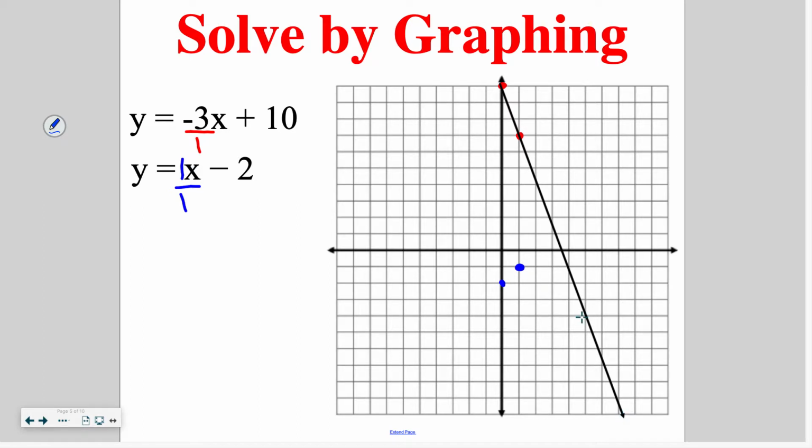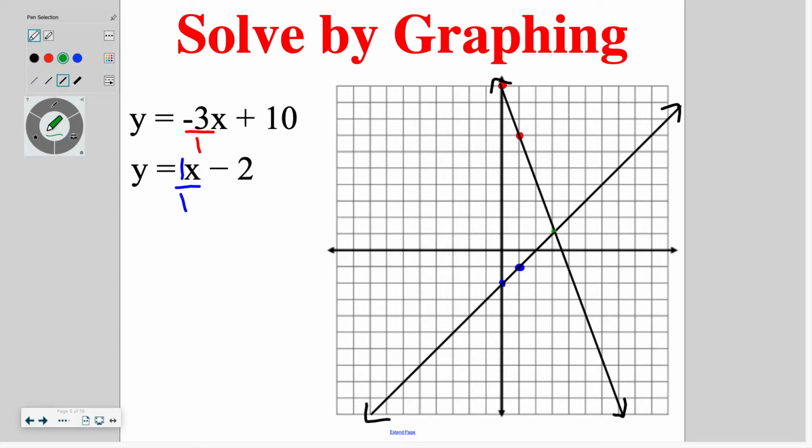So I drew all the way through the end of the graph to give myself the maximum potential to figure out where they intersect. I'm going to do the same thing with this other line, going all the way through the graph. And we are looking for the place where they intersect.